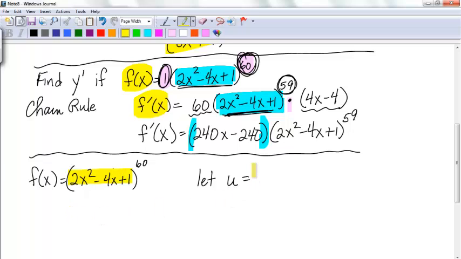Let u equal 2x squared minus 4x plus 1. If u equals that, then I can rewrite this problem as y. I could use f of x or y. Y equals u to the 60th power.